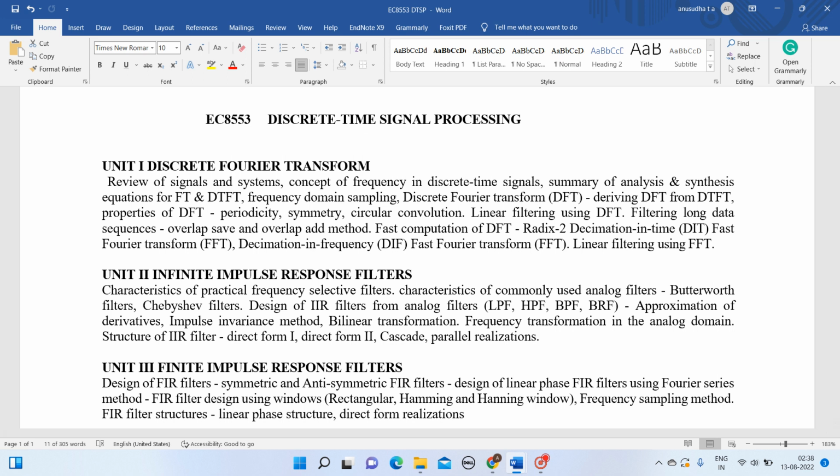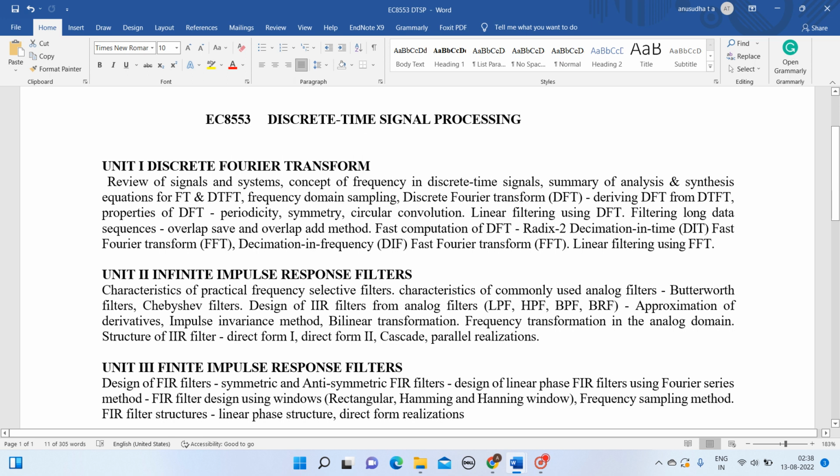Compulsorily you will get 2 mark questions for your CAT 1 and also in your main exam. Next, from here onwards the subject of DTSP starts. Frequency domain sampling. This is also something you have studied in your signals and systems.